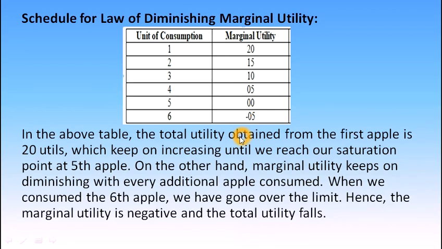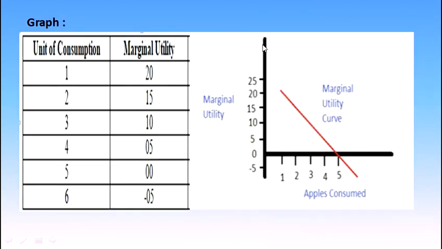Now the same thing we have explained with the help of the graph. At the first unit of consumption of apple, it is 20. From the second consumption, it is 15. Then from the third one, it is 10, and fourth is 5, and at the fifth consumption, the marginal utility becomes 0, and afterwards it starts falling.